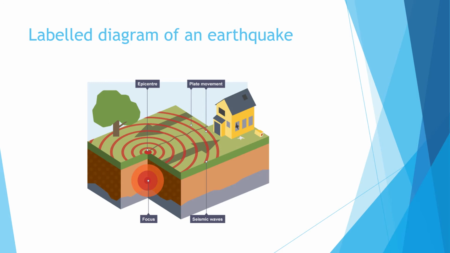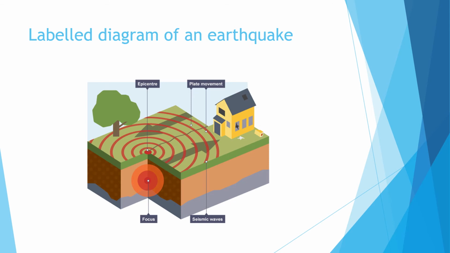However, the different labels on this diagram are very good indicators of where you could draw labels on your own diagram. So you could show where the crust is and where the focus point would be down deep within the crust, how the epicenter would be directly above this on the surface, and you could show your seismic waves or shock waves. Seismic waves is just another way of saying shock waves.